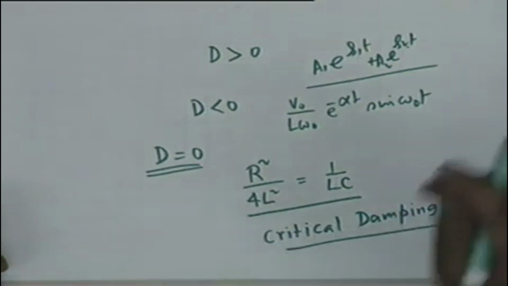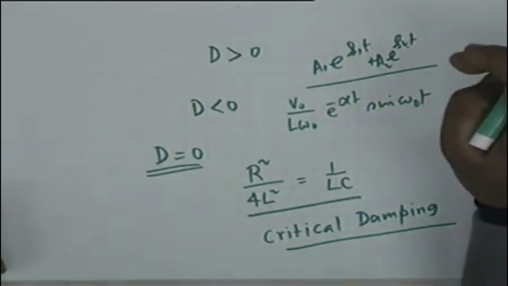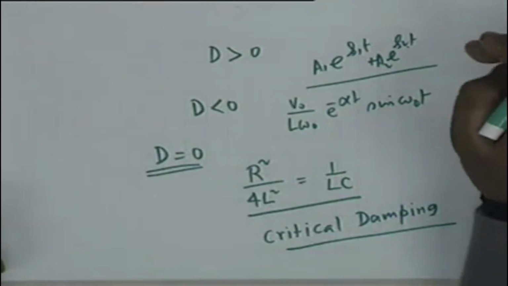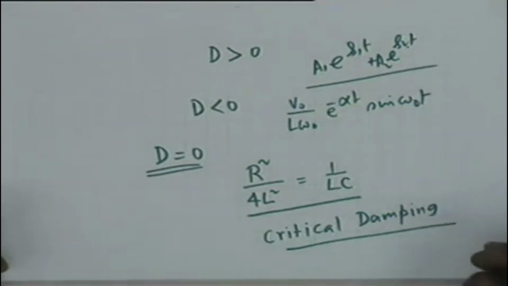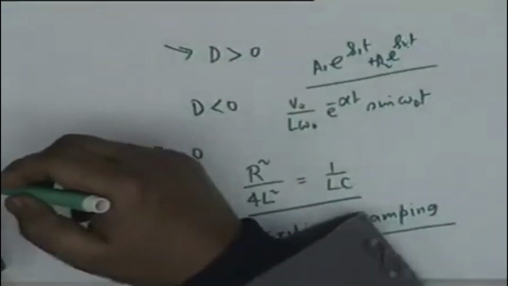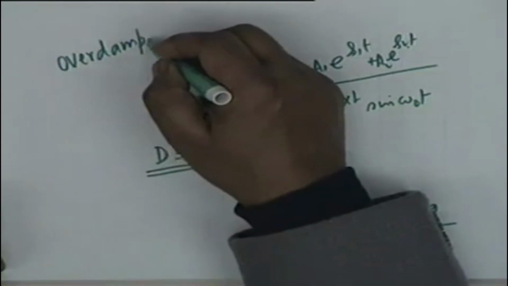Critical damping, that is, if the damping is slightly less, then there shall be oscillations. Alpha is the damping coefficient. If the damping is slightly more, there shall be no oscillations, and therefore this case D greater than 0 is called an overdamped case.